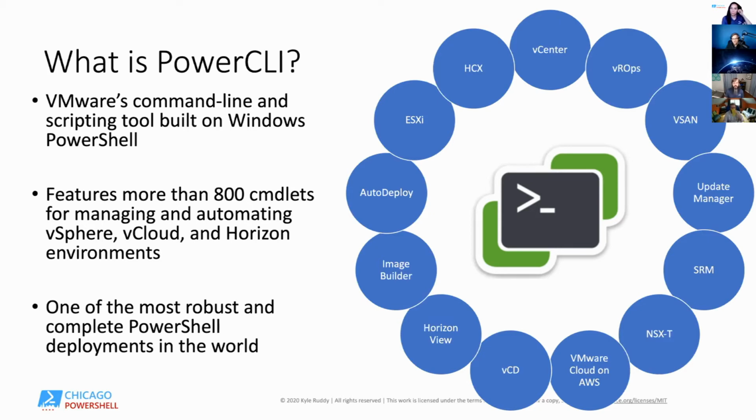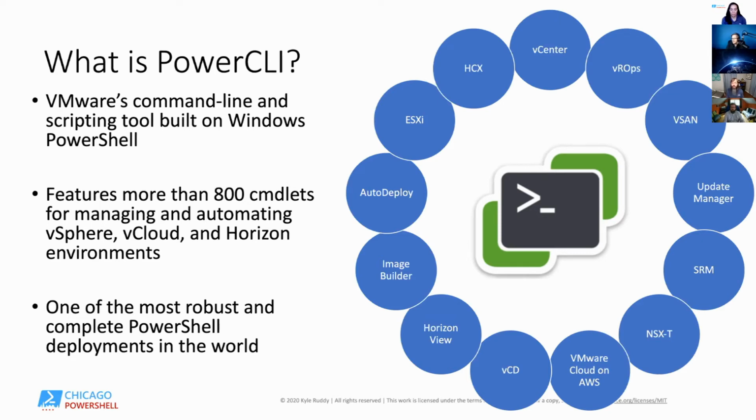What this does is it gives you 800 different cmdlets for managing pretty much every aspect of the VMware stack. So if you want to manage vCenter, ESXi, or other things such as vRealize Operations, vCloud Director, Horizon View, all of these things are now available for you to interact with using PowerCLI.